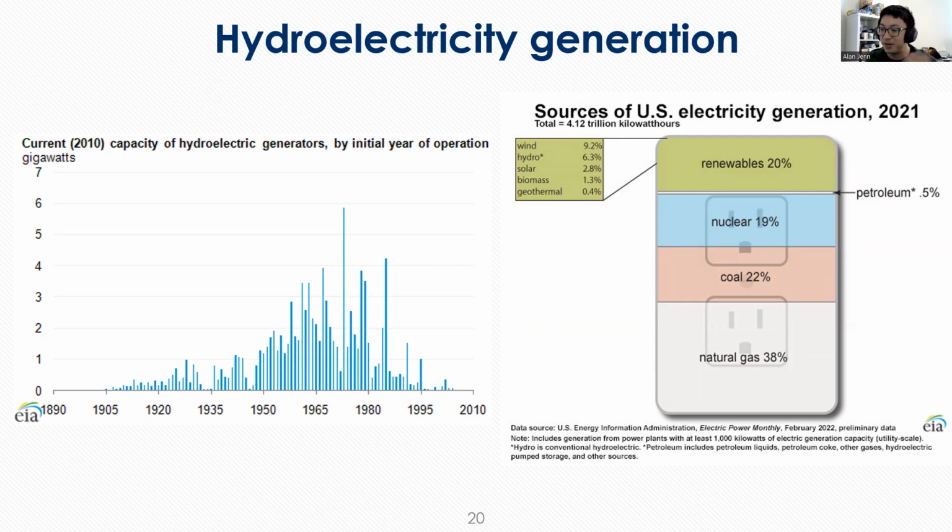And this mirrors that trend, where we see hydroelectric generators, the vast majority built between the 1950s and the 1990s. You can see most of those resources here. And so not as many were built past the mid 90s.